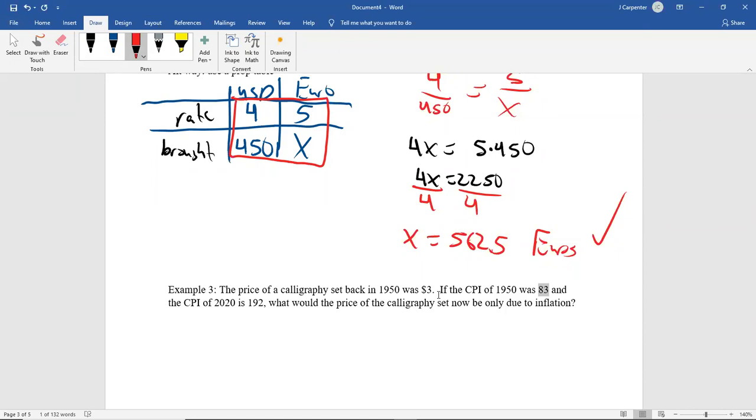So how much would this set cost now in 2020? Only due to inflation. Now, what some people will accidentally use is the years. The years are labels. Do not use the years in your equations at all. They are labels.